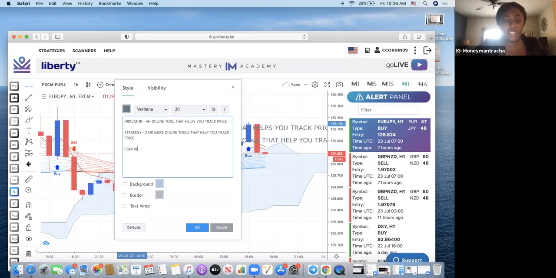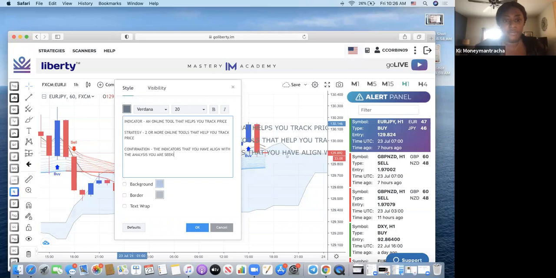And then the last definition is confirmation. I don't really know what to type for this, but you're pretty much making sure that the indicators that you have align with the analysis that you are seeking.